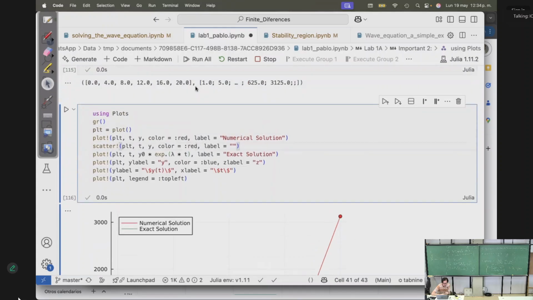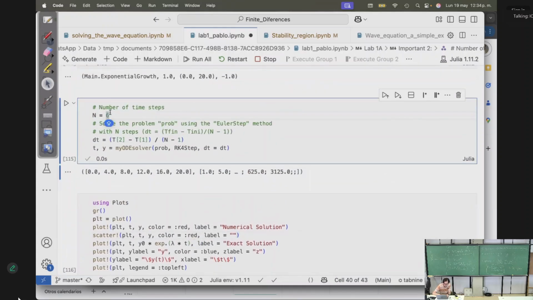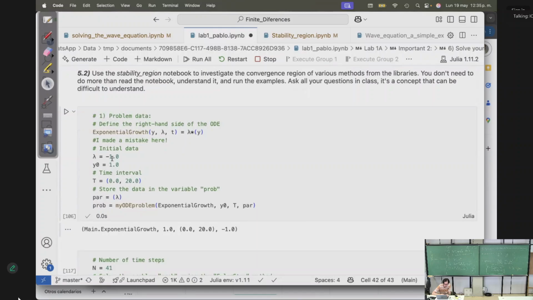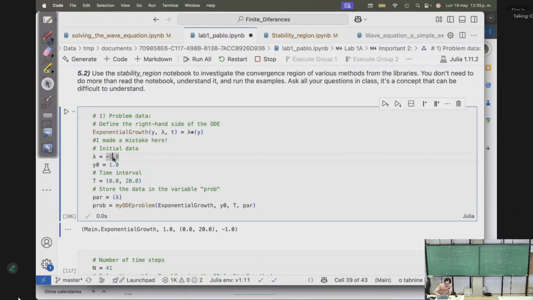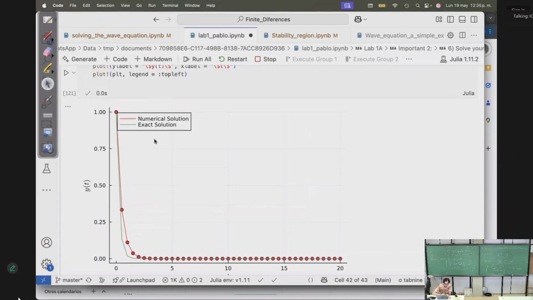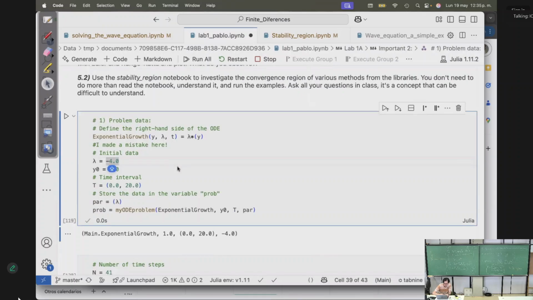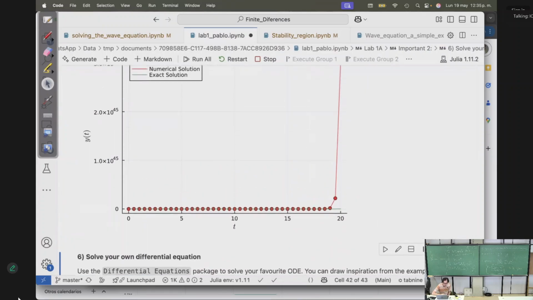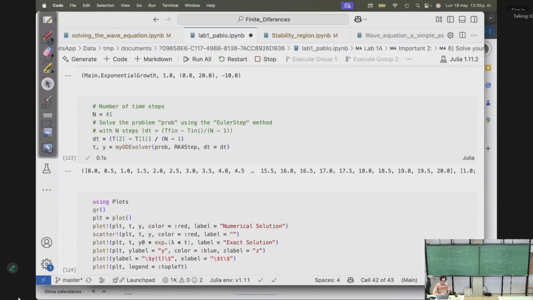So, for example, here we were doing it with Runge-Kutta with 41 points, and it works perfectly for this value of lambda. But if suddenly we try to use lambda equals -4, which is a much sharper exponential decay, it continues to work, but now we try -10, and suddenly we get these divergences again.